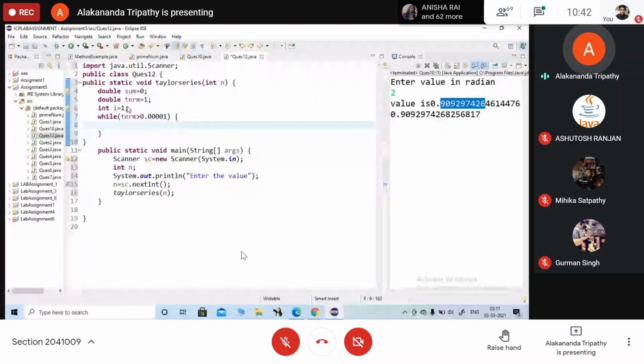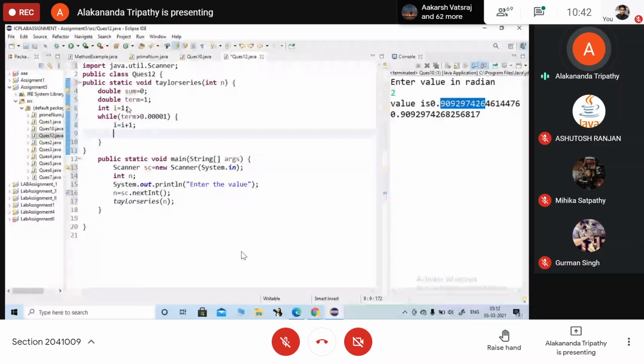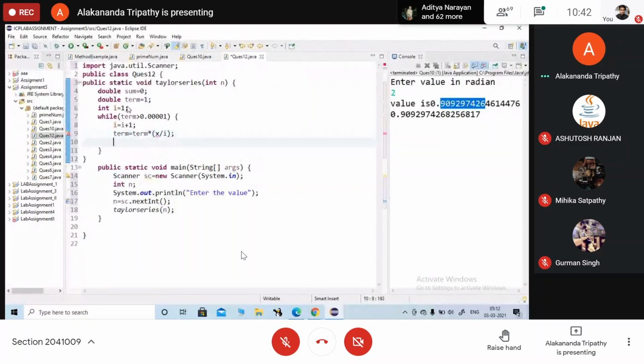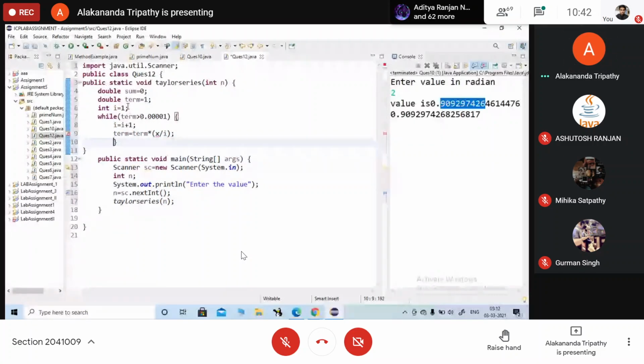I equals to I plus 1. Then term is equal to term into x divided by I. Okay, we have not taken x here, we have taken n.